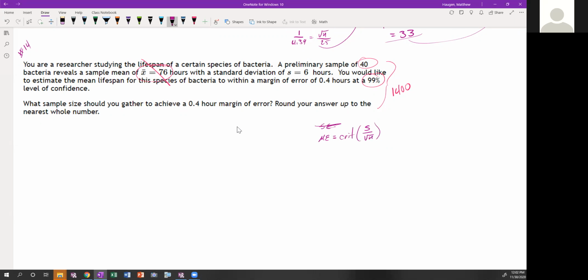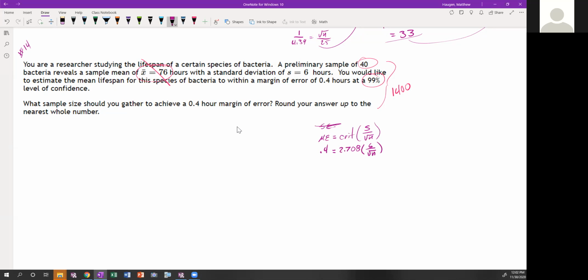Yeah. Okay. So we have 0.4 equals, the critical value I got for this one was 2.708 from the table, times 6, which is s, over the square root of n or x or whatever you want to solve for.